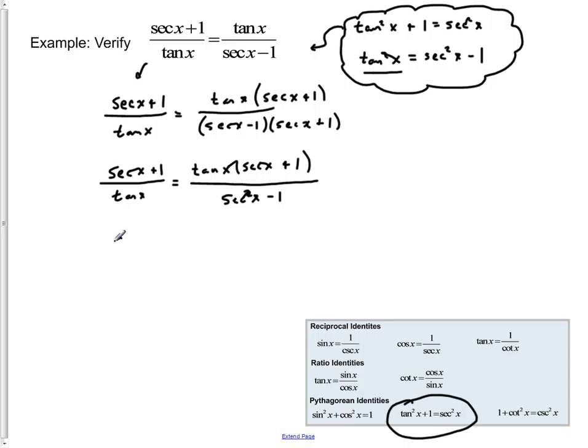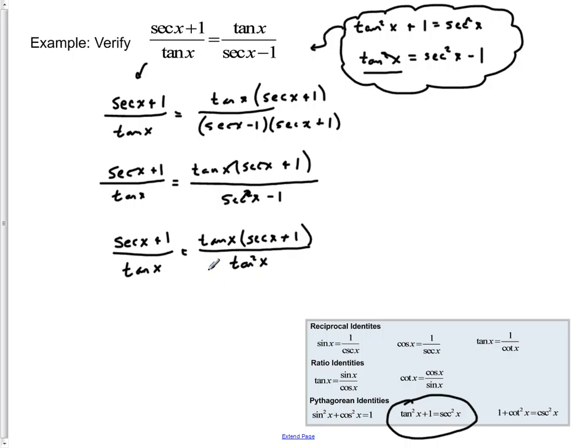So let's rewrite it one more time. We've got secant of x plus 1 divided by tangent of x in the left-hand side of this equation. On the right-hand side, we'll have tangent of x times secant of x plus 1 divided by the square of the tangent of x.